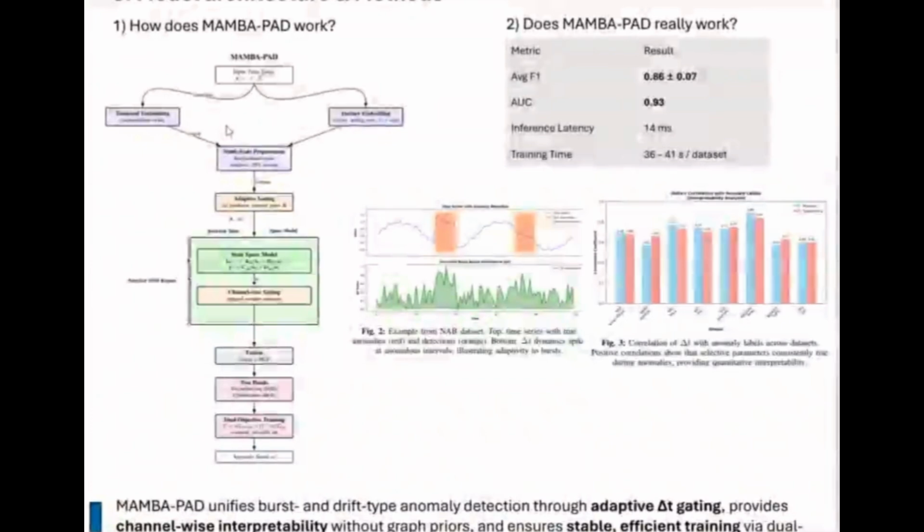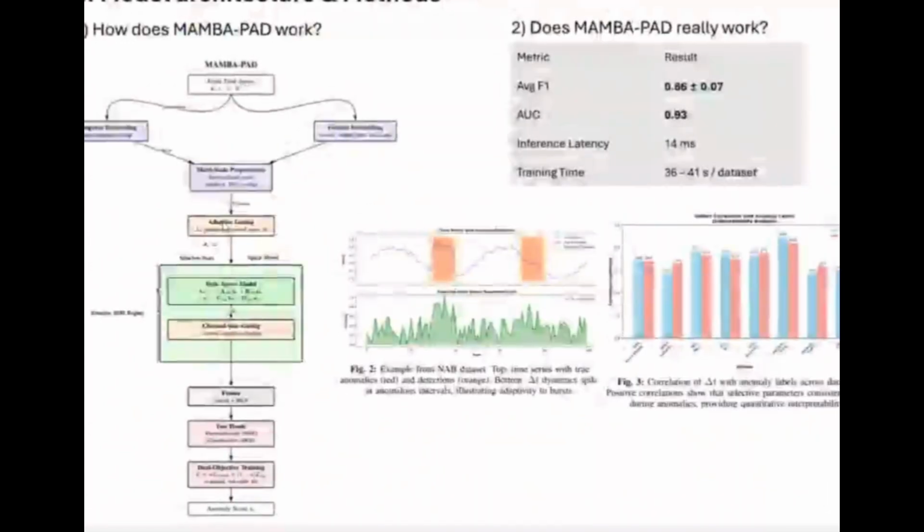Then comes the innovation, in my opinion: adaptive delta gating. A small MLP predicts the step size delta t at each window. Large delta t values make the model react faster and focus on burst anomalies, while small delta t keeps longer memory to capture drifts. In this way, the model automatically adjusts its temporal resolution. That's how we unify both anomaly regimes.